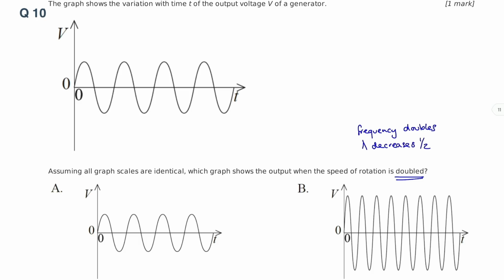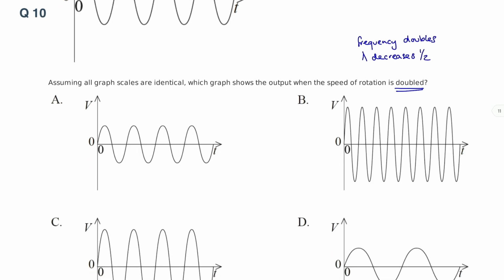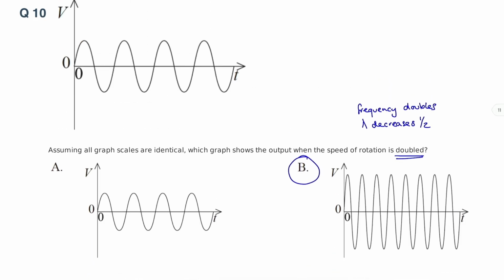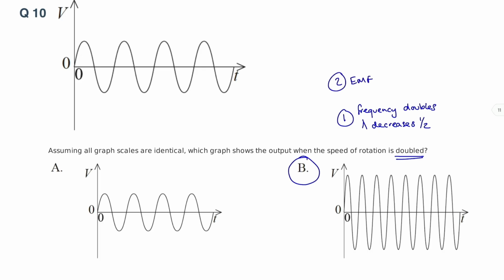So we're looking for something that shows a decreased wavelength by a half. But also, the second thing that happens is that the EMF doubles, because you're effectively increasing the rate of change of magnetic flux by 2, which means your EMF increases by 2 as well.